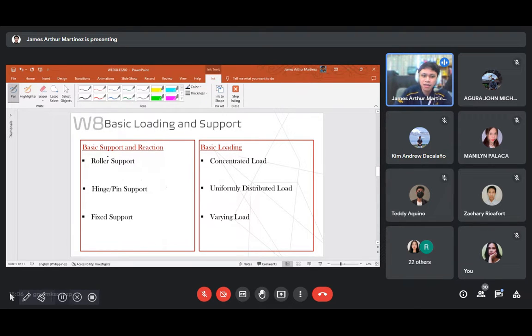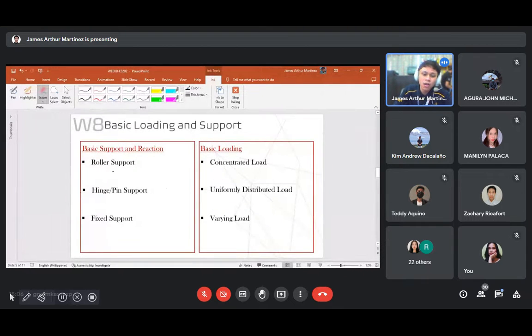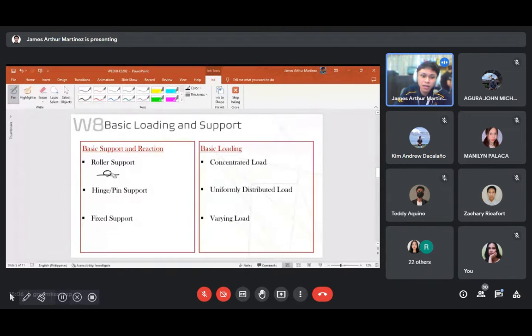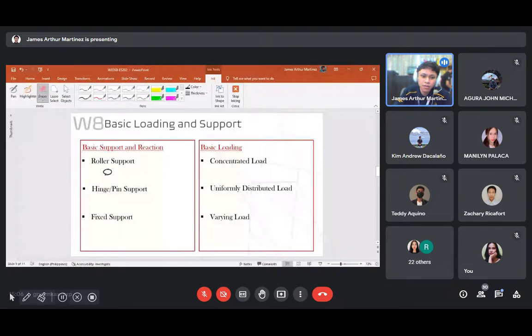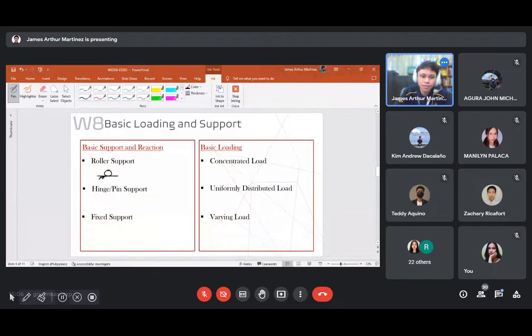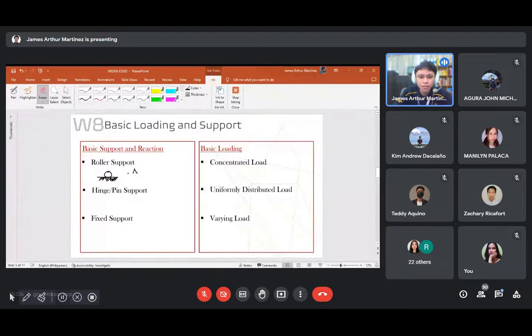So now, let's have this basic support and reaction. I know that the roller and hinge, I elaborated on last time. I discussed it with you. So, as a recap, the roller support, its representation, not abbreviation, or symbol is literally a wheel. Okay? So, we can also represent it as this one.